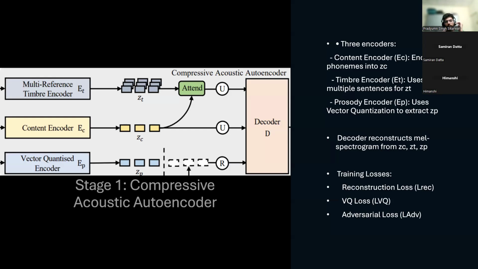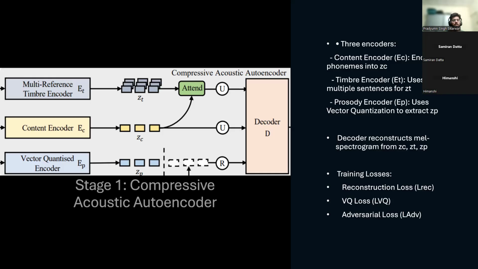So each embedding will be combined with each timbre, and those which fit perfectly with each other will be perfect for us. That's how a suitable voice for a particular content will be defined. And similarly, once it is passed to the decoder, we will get the final output.